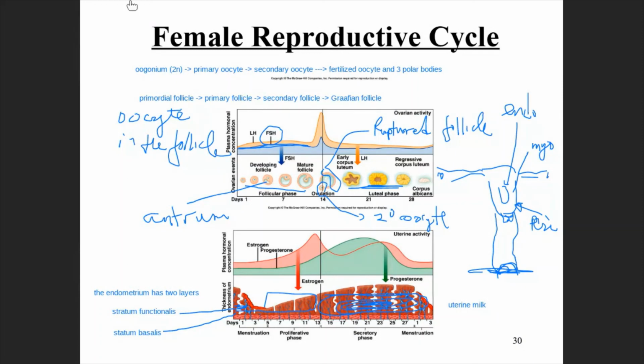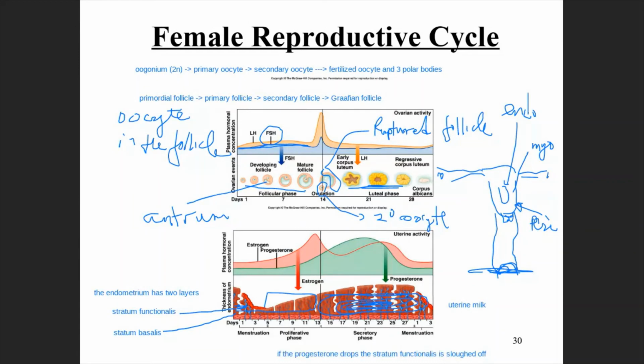No progesterone. I'll write this down. If the progesterone drops, the stratum functionalis is sloughed off, and that sloughing off will lead to menstruation.